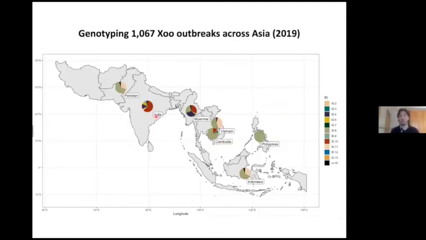And as you see here, in 2019 we were able to genotype or profile 1,000 outbreaks across Asia, from Pakistan to Indonesia and in between. So in a couple of weeks, we have a good sense of what is happening in Asia. And definitely we can respond.